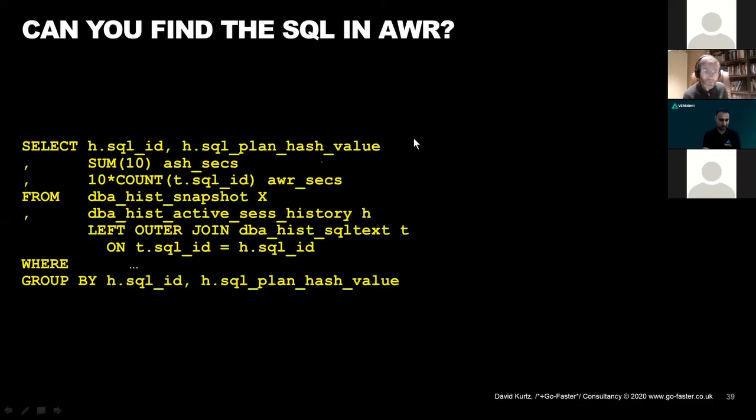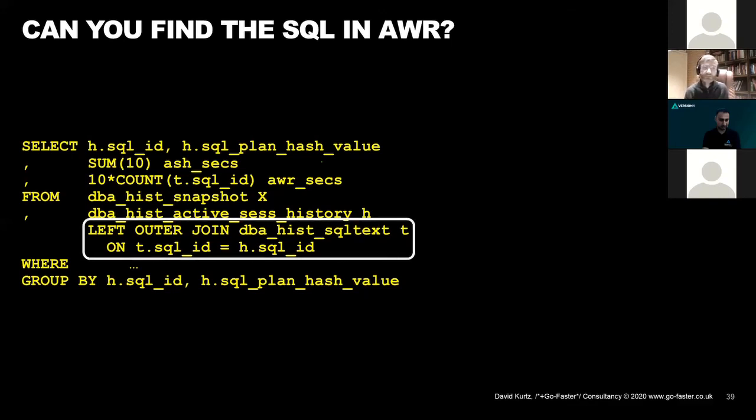So what I tend to do is a left outer join to the DBA_HIST table. I count the amount of ASH time for all of my SQL IDs, but I also count DB time for statements that I know about: 10 times the count of t.SQL_ID. Where I haven't got the statement, it's going to be null, so I'll count 0.